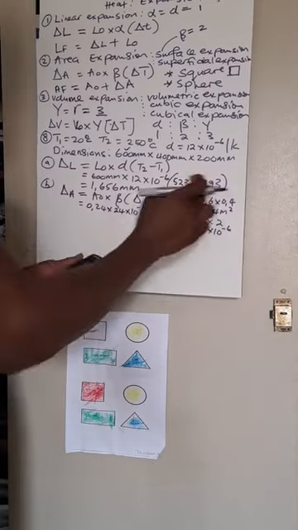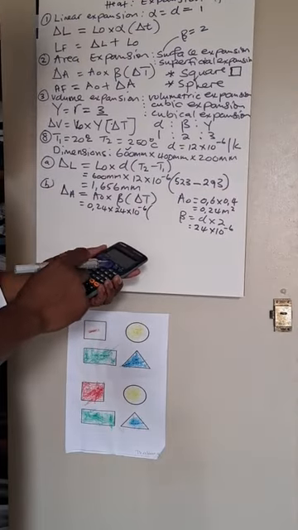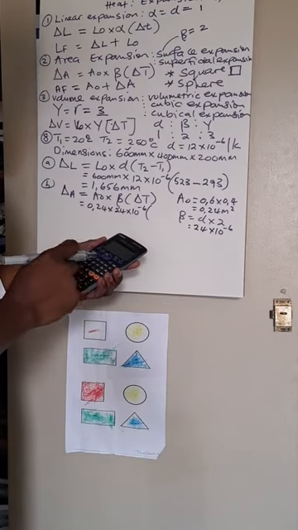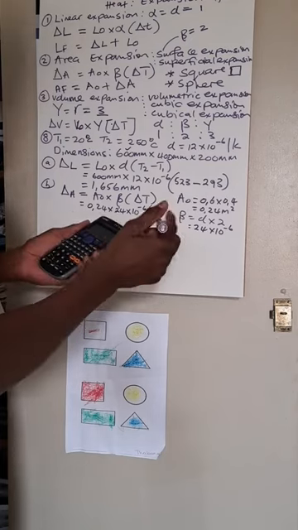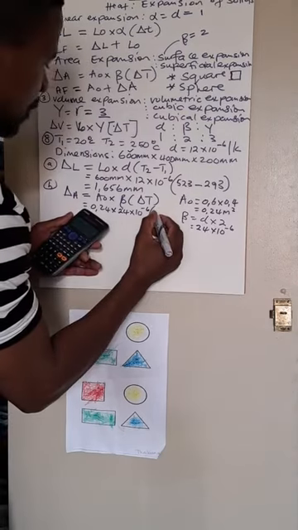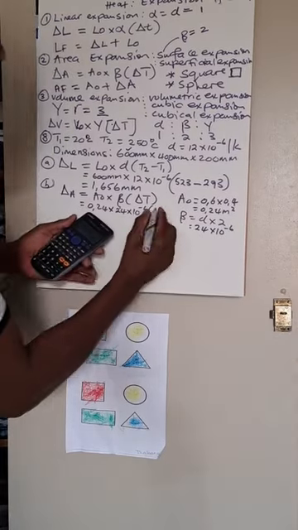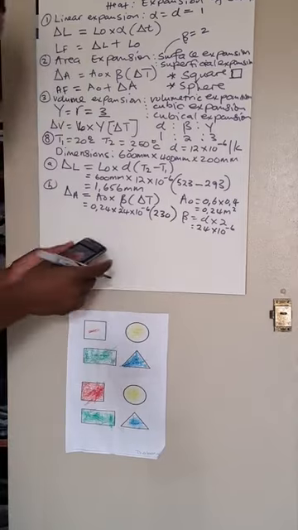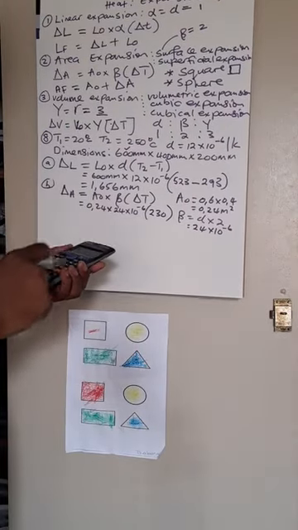523 minus 293. I'm getting something like 230. So it's 523 minus 293.